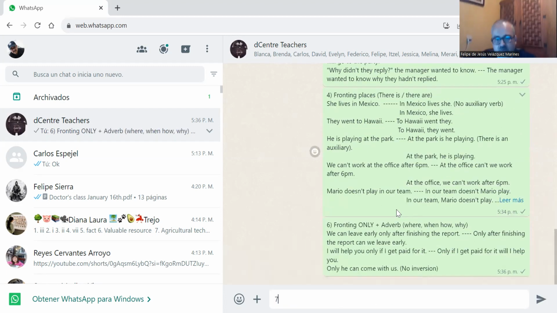Okay. Number 7. Fronting negative adverbs. Negative adverbs again, because nobody and no one are negative, but they are not adverbs. They are pronouns.